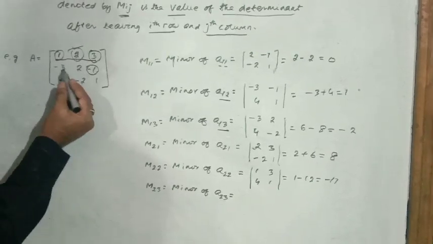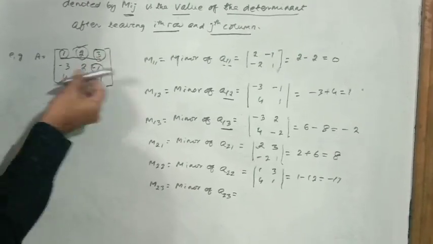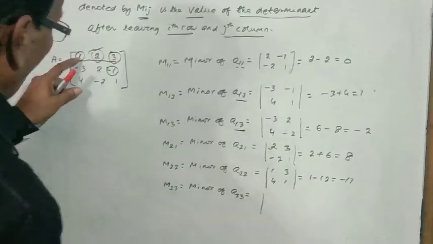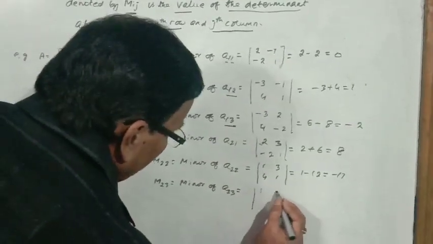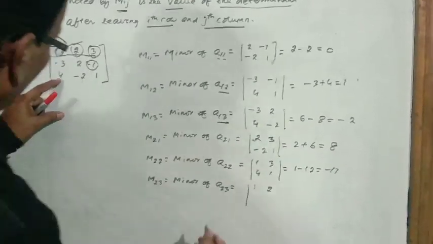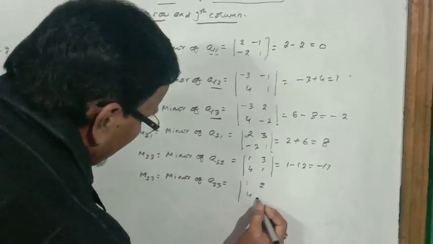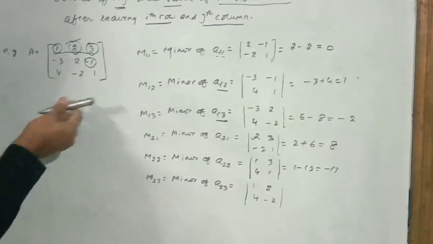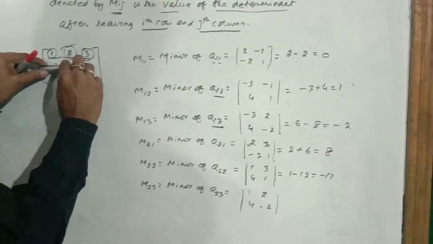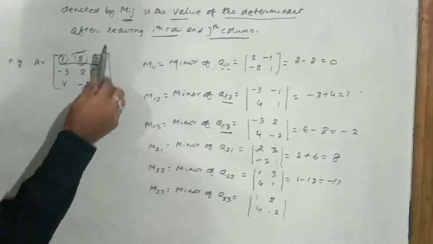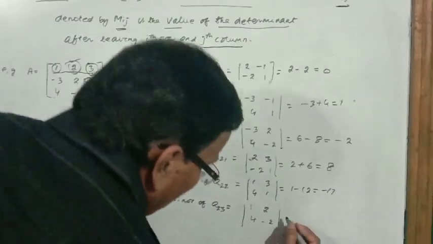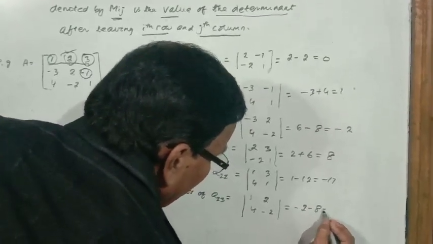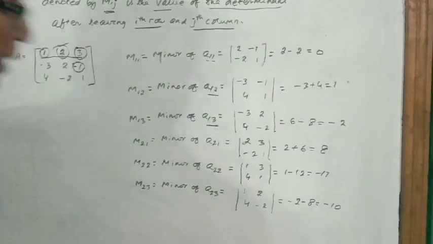For that we have to omit the second row and third column. So we are getting the determinant of 1, 2, 4, minus 2, after leaving the second row and third column. Its value is equal to minus 2 minus 8, that is equal to minus 10.